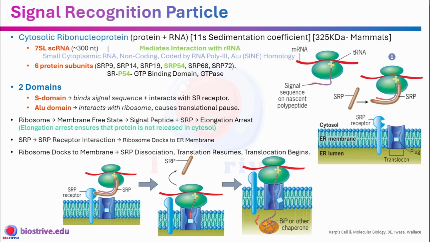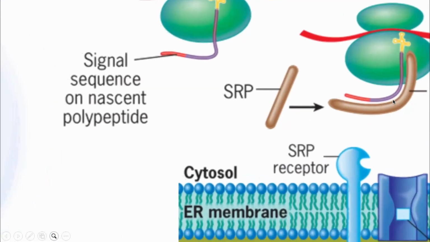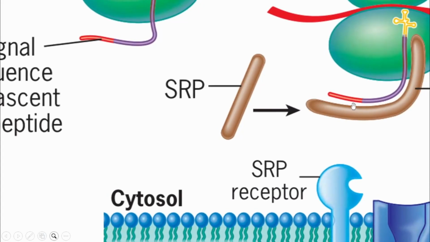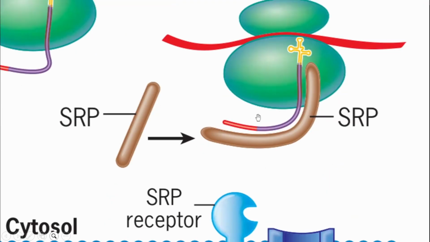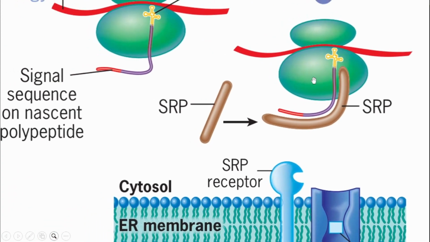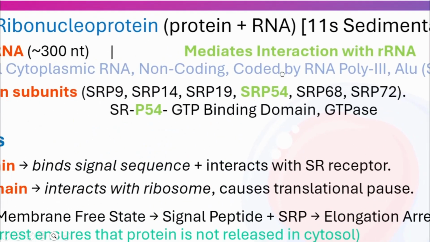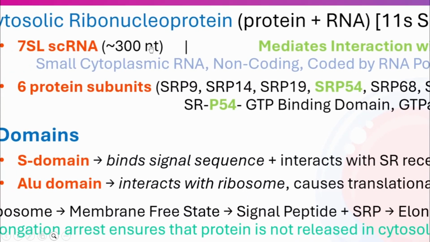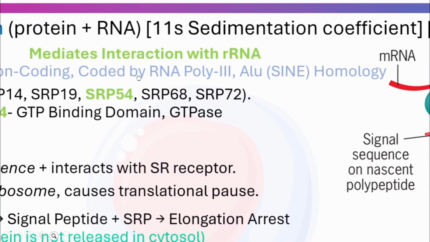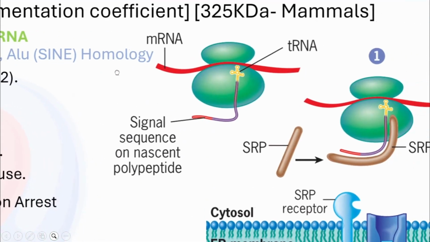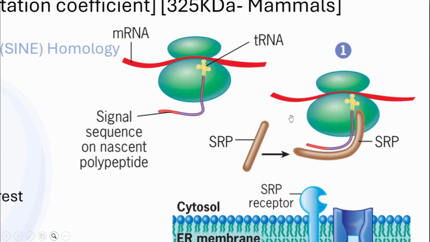This SRP particle or SRP ribonucleoprotein shows 3 types of interaction. The first interaction is with this specific signal sequence of newly synthesized protein. The second interaction is with the ribosome itself, and it interacts with this ribosome through the 7SL scRNA, which we talked about earlier. This 7SL scRNA mediates interaction with the ribosomal RNA, as you can see in this diagram right here.